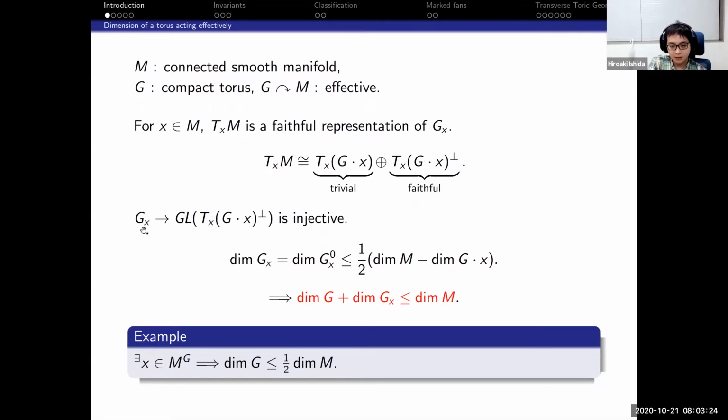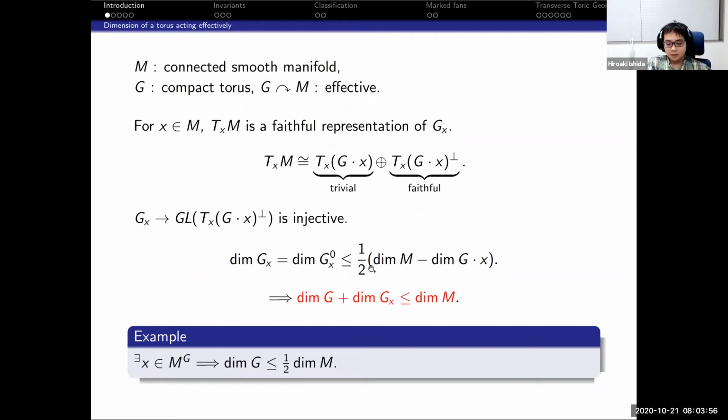Let's consider the rank of the target group. Since this is injective, we have the following inequality about the dimension of G sub x: the dimension of the isotropy subgroup should be less than or equal to half of the dimension of this vector space, right?